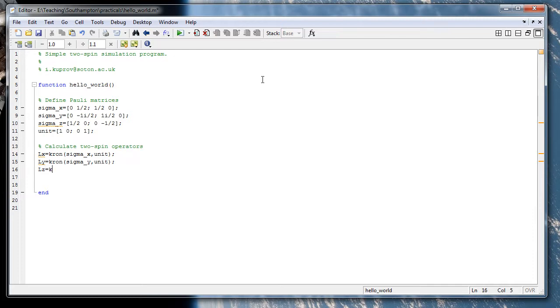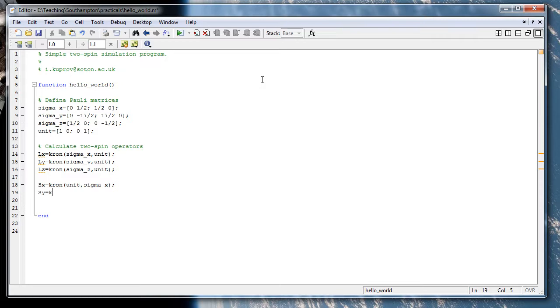Lz is Kron, sigma z unit, and similarly for the Sx, Sy and Sz, Sx is Kron unit on the first spin and then sigma x.